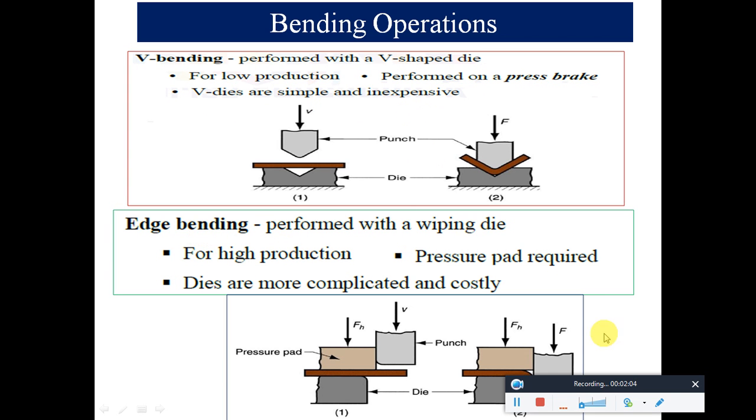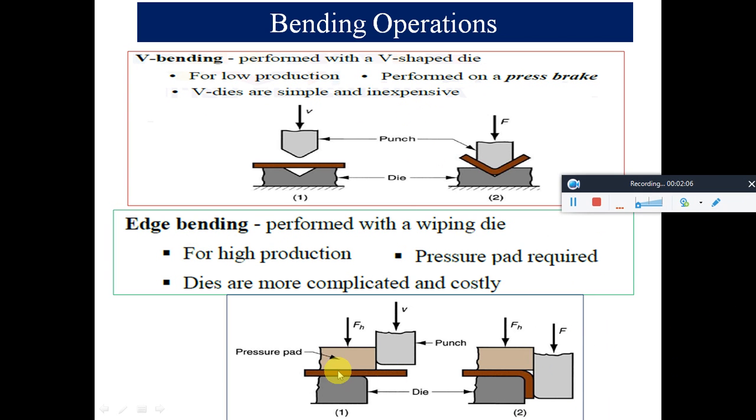Then edge bending. As shown in this figure, when you want to bend the edge like this, we can go for this edge bending operation. It is performed with a wiping die.